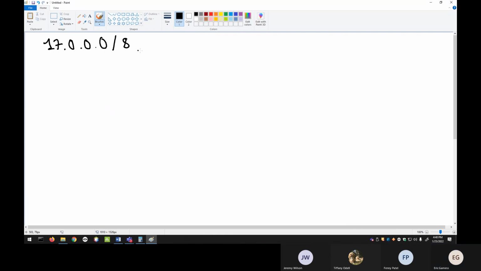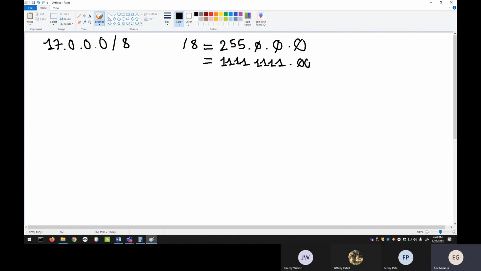17.0.0.0/8. What does /8 mean? It means 255.0.0.0. In binary, it means what? 1, 1, 1, 1, 1, 1, 1, 1, 0, 0, 0, 0, 0, 0, 0, 0, dot.